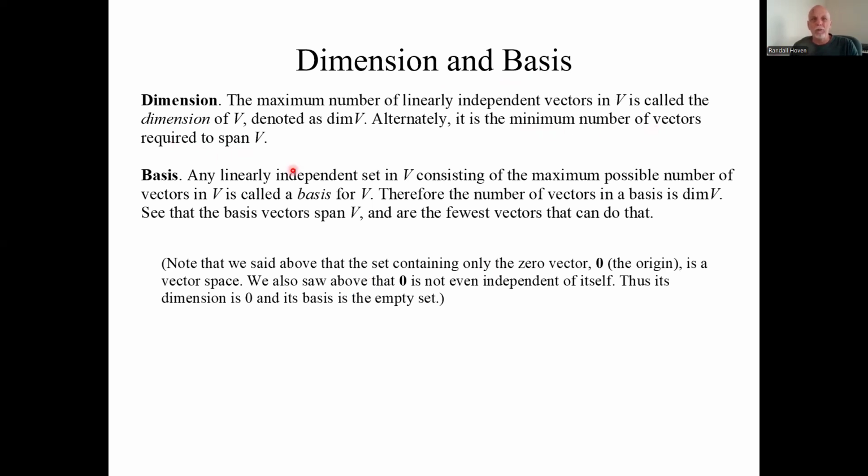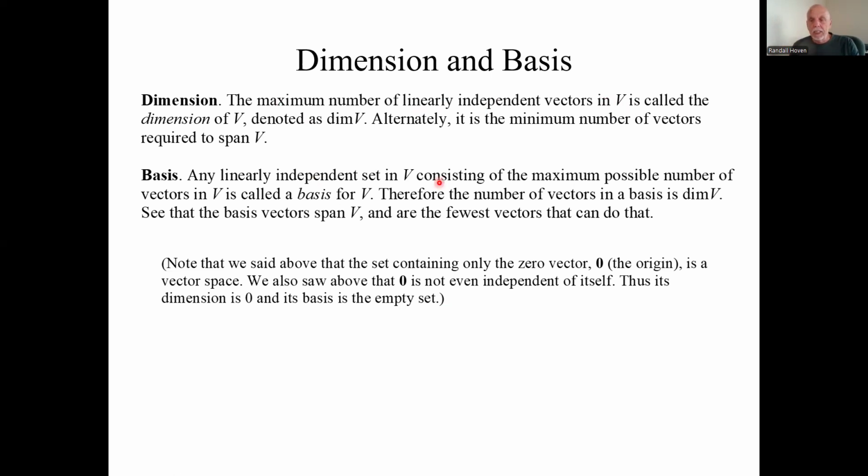What's the minimum number of vectors required to span? That's the dimension. The other way to say it is: what's the maximum number of linearly independent vectors in V? Because if you add any more vectors to it, they're not going to be linearly independent, since that's the maximum number. Think about that.